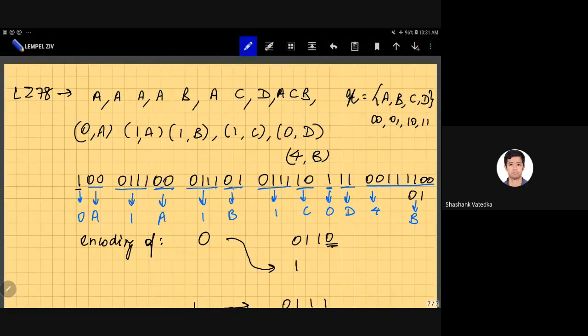It is prefix-free, and at the same time, it is universal because we're not feeding it any input distribution. The way you parse the sequence and the way you encode each symbol in the sequence does not depend on any probability distribution. It is just a parsing into different phrases.